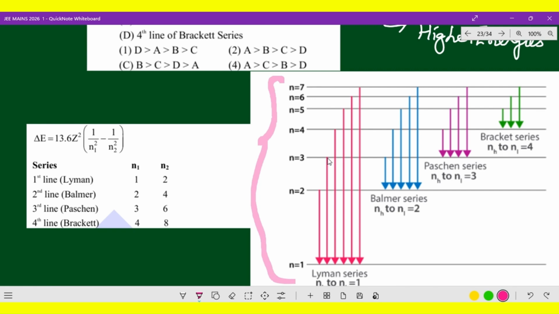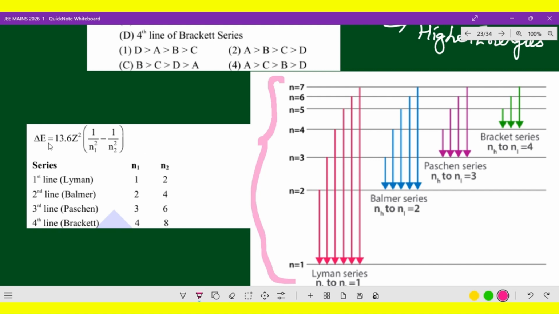So lines are coming from 2, 3, 4, 5. So the energy gaps will be higher. So lower values, higher energies. And the same way, N1 equal to 2, N2 equal to 3, 4, 5. That is what I just brought in for you to understand these spectral lines, which you have learned in grade 11.